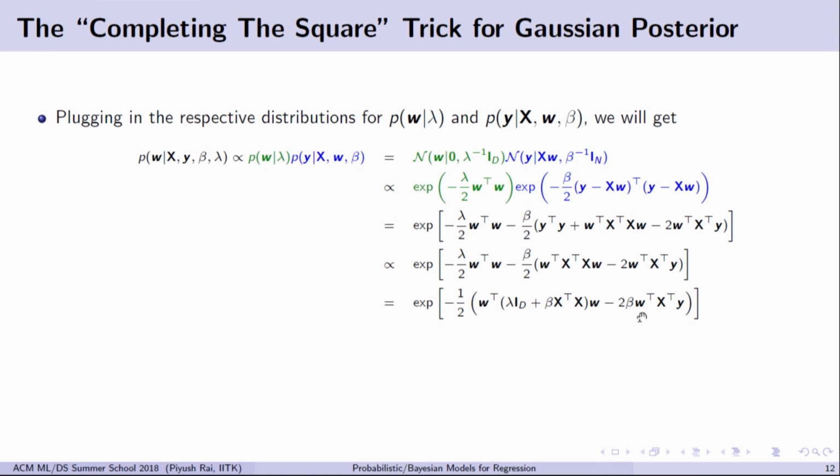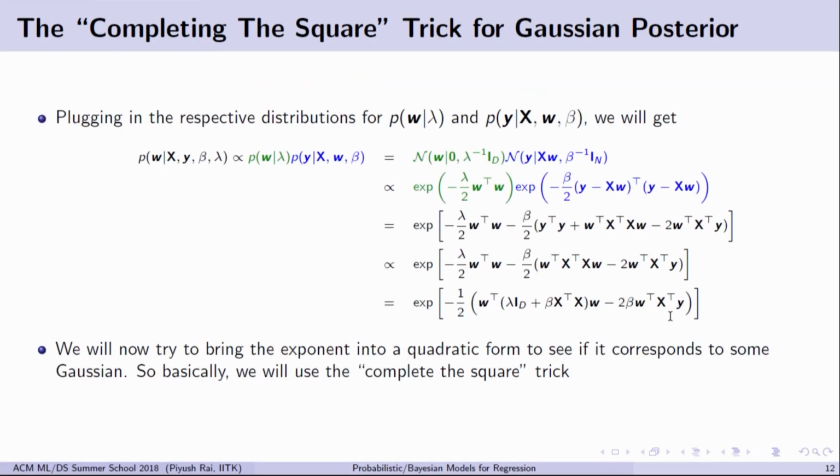This is not yet a square, so I can't write it as W minus something squared, because W minus something squared is W squared plus that thing squared minus 2 times W times that thing. So we don't have the third thing, right? But the third thing is something related to X transpose y, which is a constant. So I can just add and subtract, and then I'll complete the square, which is why I'm calling it the completing the square trick. So it's just a bunch of algebra.